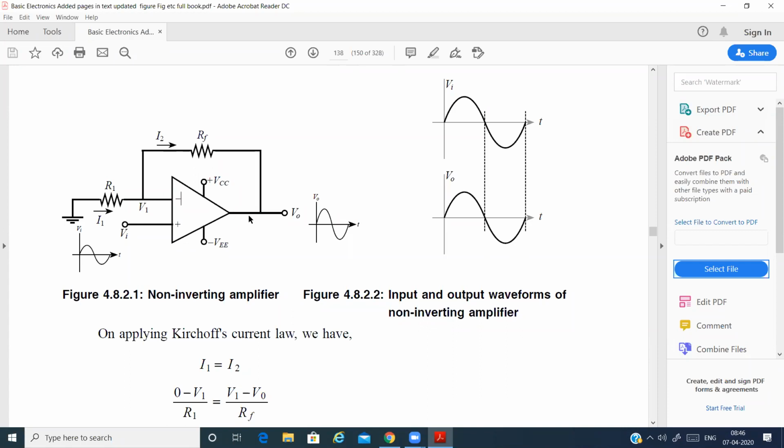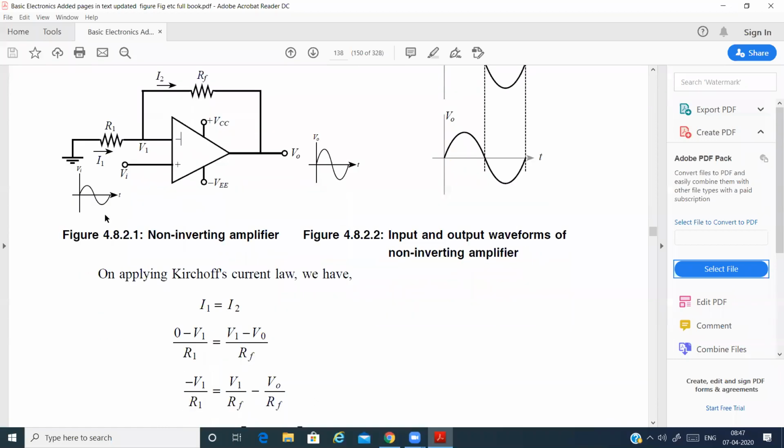Since it is connected with the feedback, according to virtual ground concept, the voltage across V1 will be equal to voltage across Vi. Because of this V1, there will be some amount of current flowing towards R1 as well as RF. But according to the conventional direction, we will just give the direction like this.